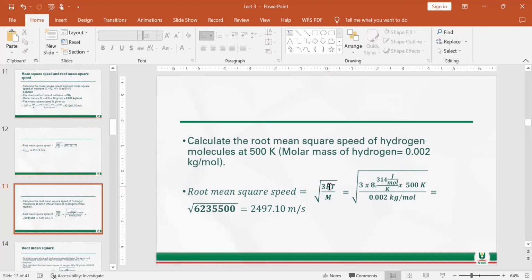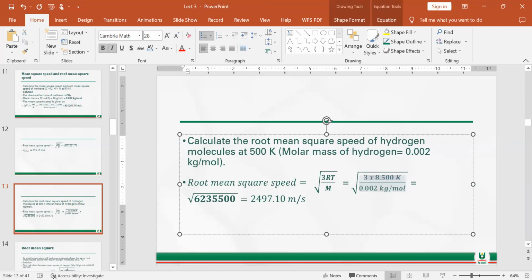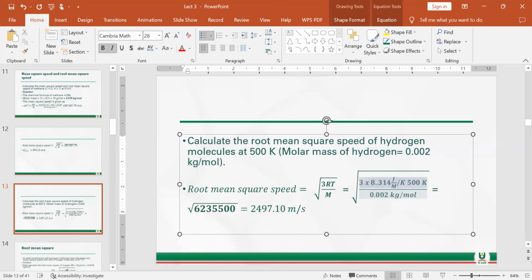R is a gas constant, 8.314 joule per mole per Kelvin. So now this is the value of the mean square speed. The root mean square speed will be the square root of the mean square speed, and the square root is now giving you the root mean square speed. So that is the answer for that one.